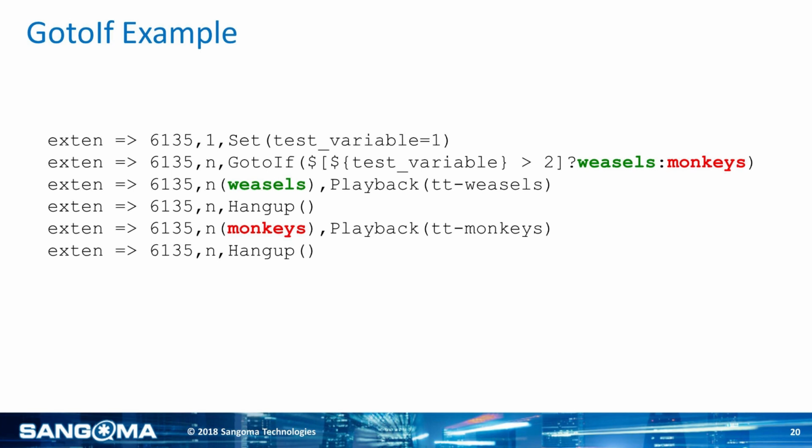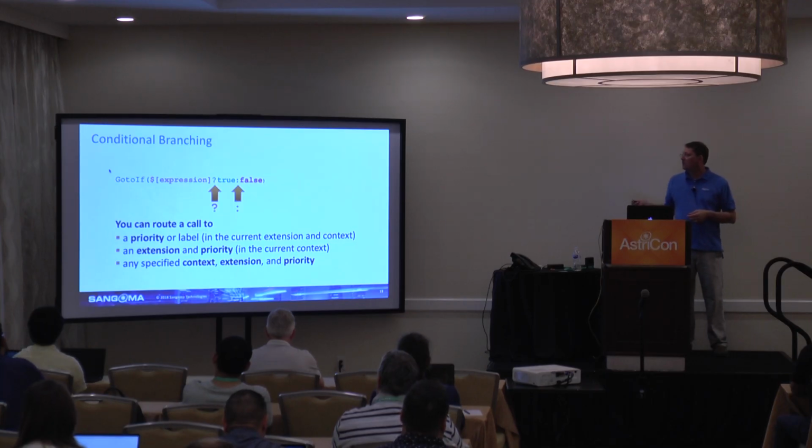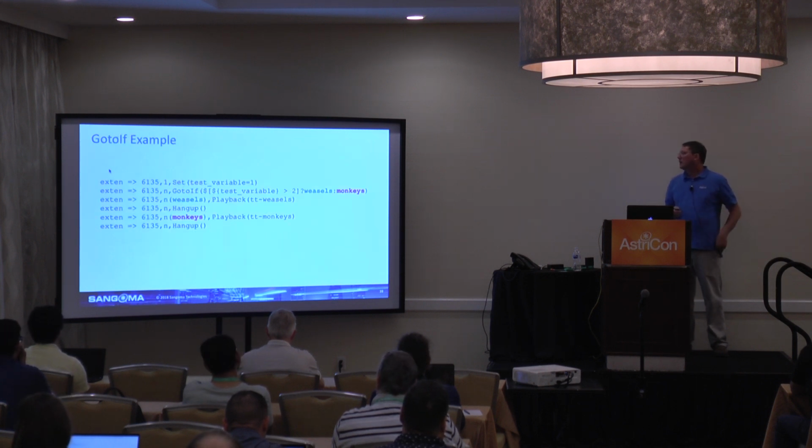So in this sample, we are setting the test variable equal to 1. We're checking to see if the test variable is greater than 2. And if it's true, which is the first item after the question mark, it's going to go to a label named weasels.